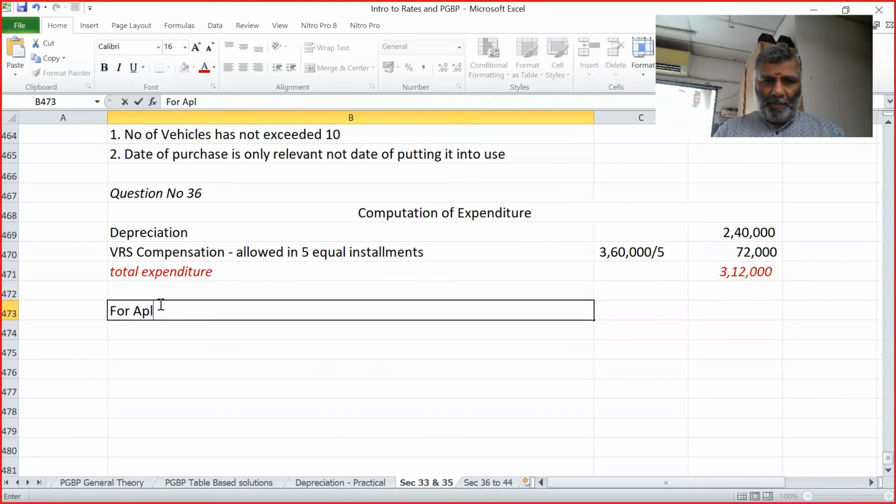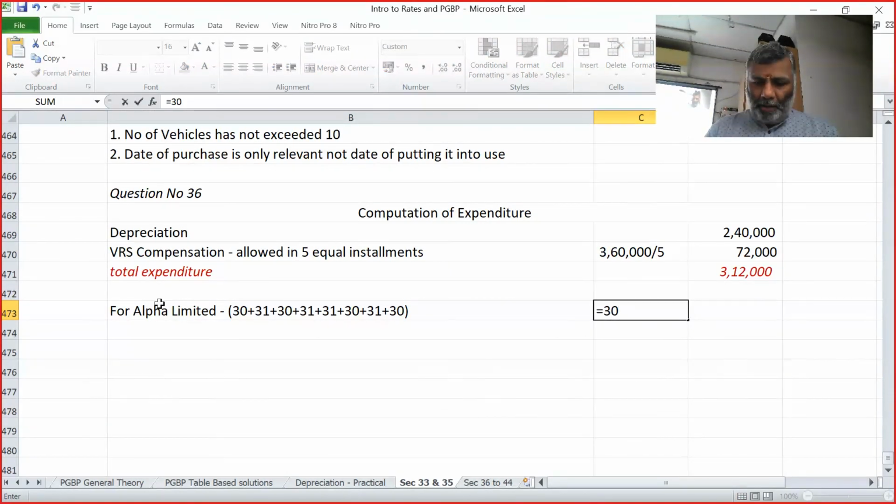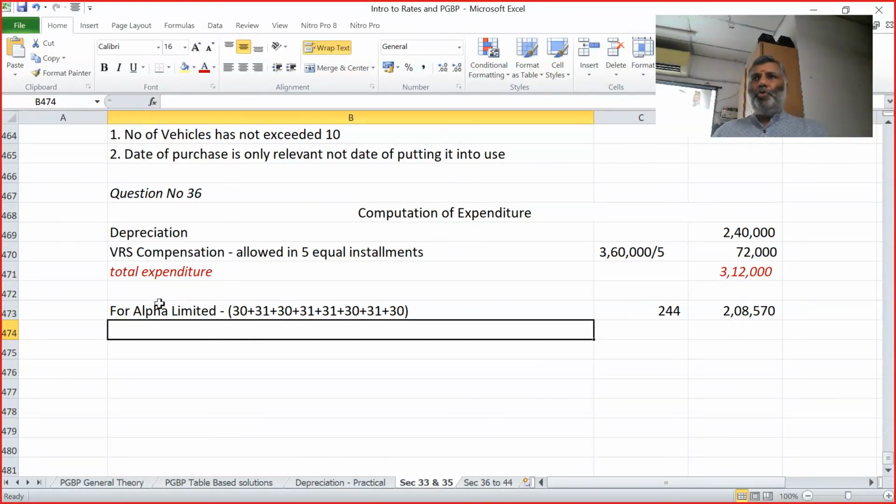For Alpha Limited, April plus May plus June plus July plus August plus September plus October plus November, 244 days. 3,12,000 into 244 by 365, 208,750.